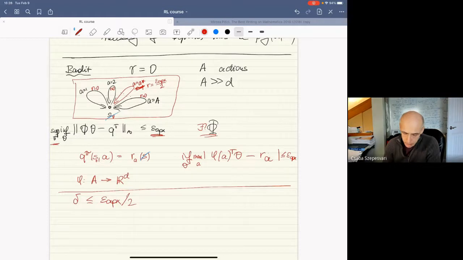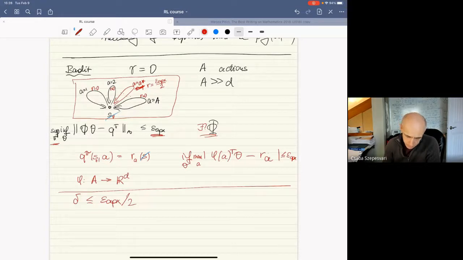Because what's the value that a choice which is not a star is going to bring? It's going to bring 0. What's the optimal value that you could get? Well, it's this epsilon error divided by 2.